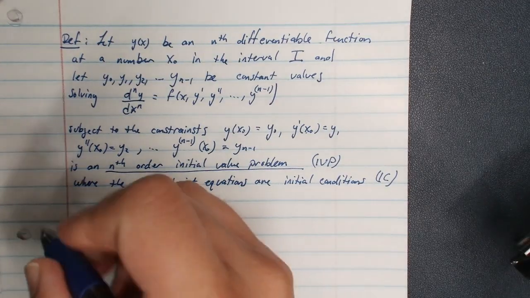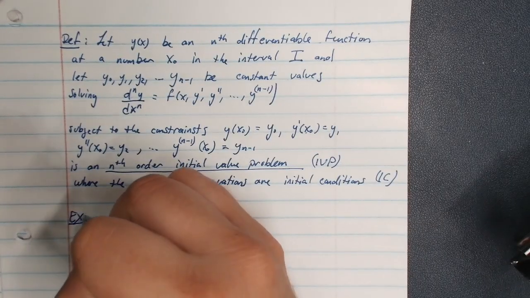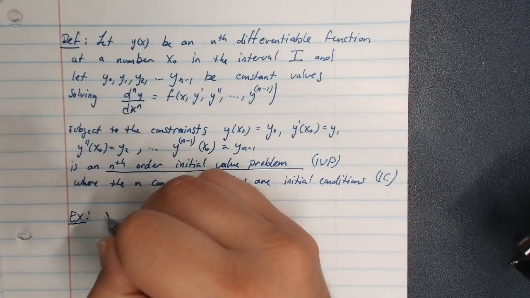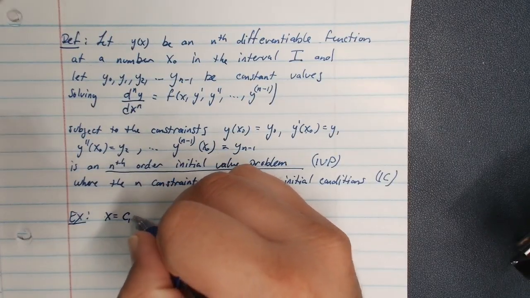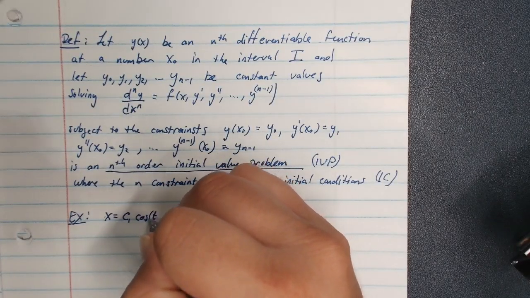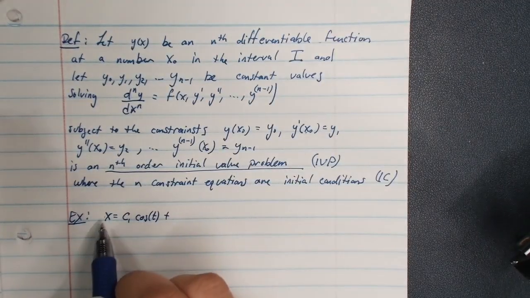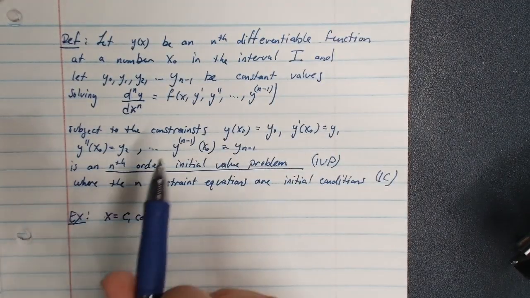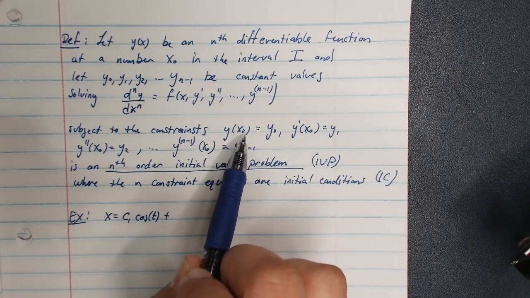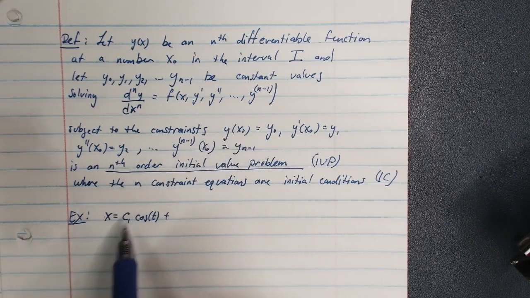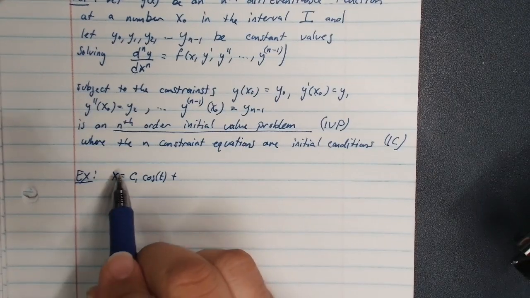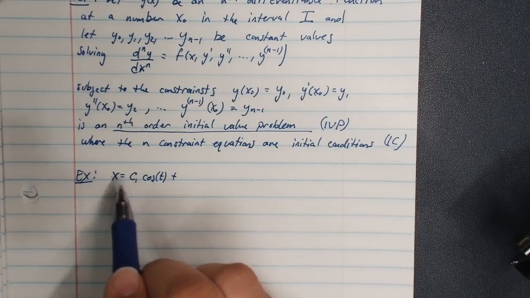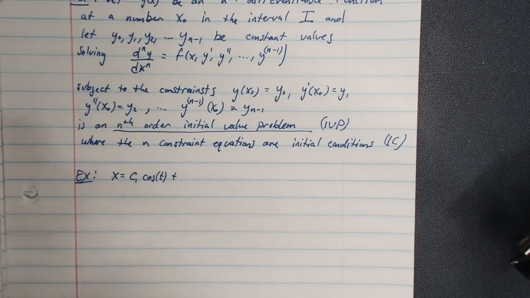So for example, x equals c1 times the cosine of t. Here x is the function and t is the variable. Often we'll have x as the variable and y as the function, but of course those are just labels. Here we're going to treat x as the function and t as the variable.